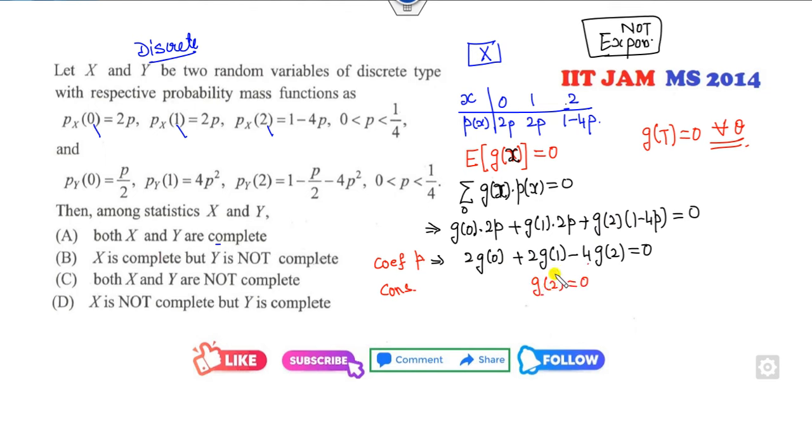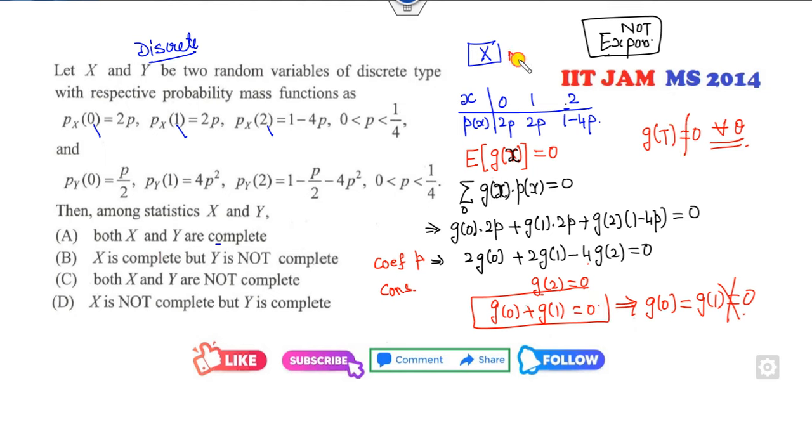If g2 is 0, from this we can say g0 plus g1 is 0. So can you say this implies g0 and g1 are 0? No, we can't say that. So this number is not always 0, therefore x is not complete.